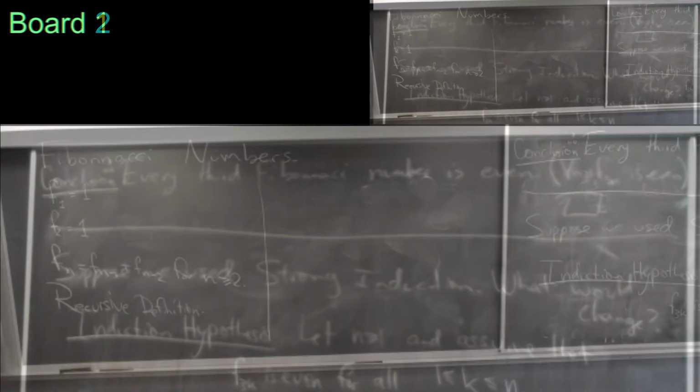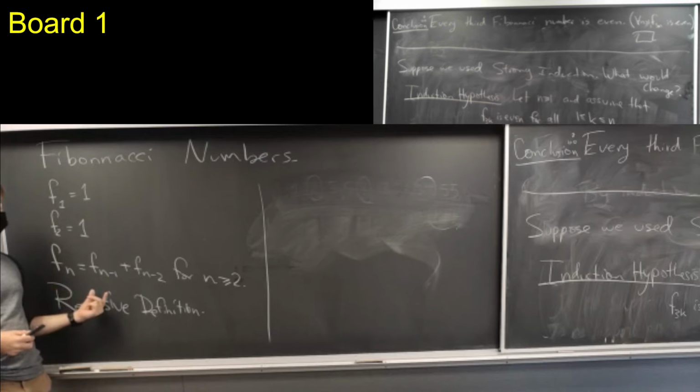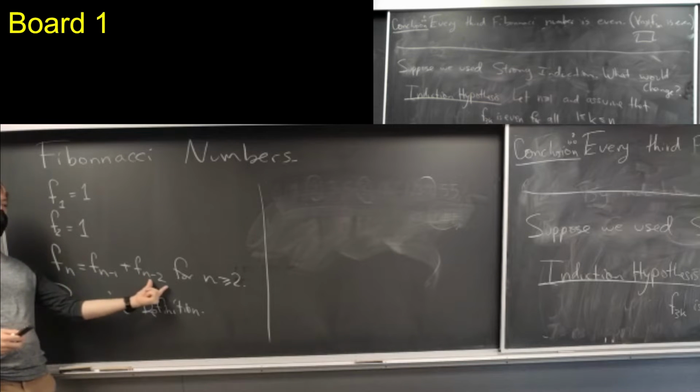What do I mean by a recursive definition? You're building up a sequence, F n, where each term of the sequence is built up from the previous terms. I don't know if there are computer scientists in here, but it's kind of like a sort of loop. Each term is built up from the previous two terms.